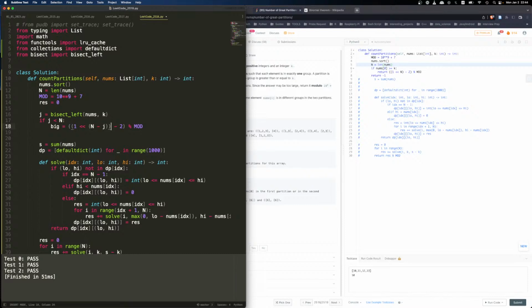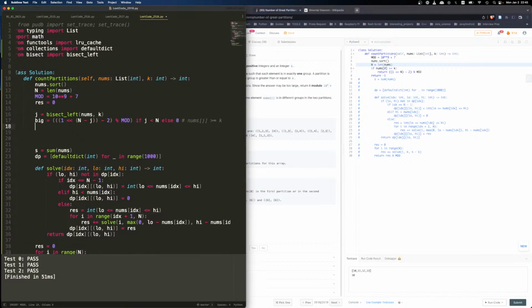Right? This is the big. Else 0. Okay. Small and big shall equal to, I'm going to say small.